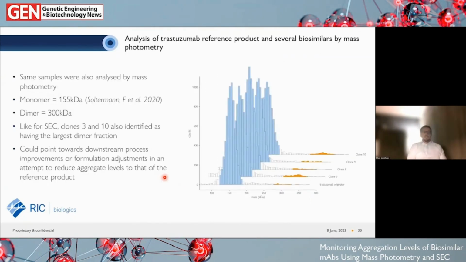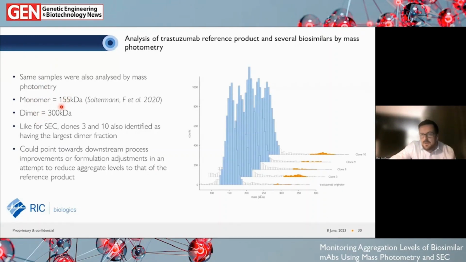If we shift over to looking at the mass photometry data, so looking at the same samples as were analyzed on the SEC based system, we're able to pull out the monomeric mass and also the mass of the dimer as well.